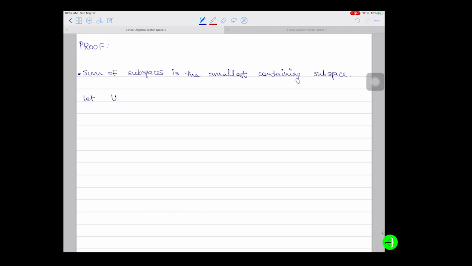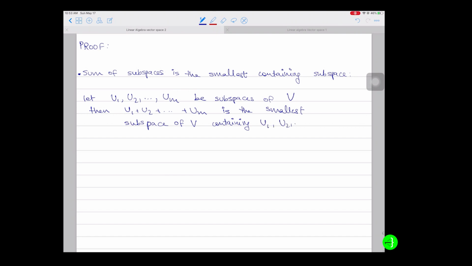So let u1, u2, ..., um be subspaces of the vector space V. Then u1 plus u2 plus up till um is the smallest subspace of V containing all the subspaces u1 through um.